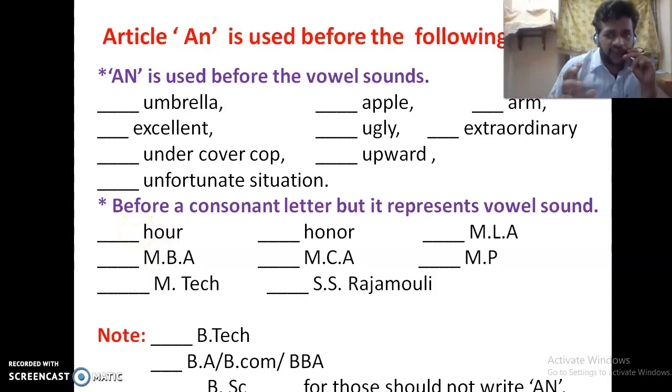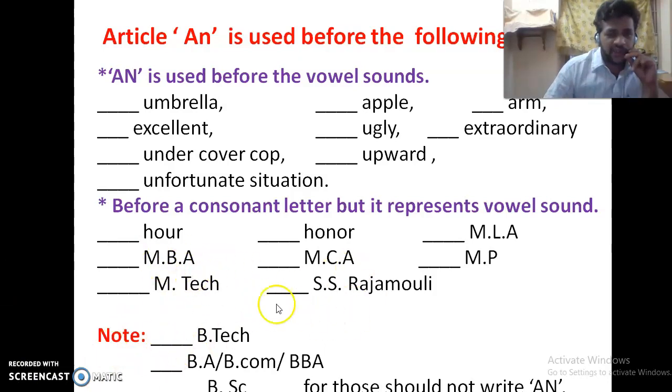So please give a break. Pause the video once. Think about all these 6 examples and fill with the appropriate article. Okay. So my answer is an hour, an honor, an MLA, an MBA, an MCA, an MP, an MTech, and an SS Rajamouli film. Right?